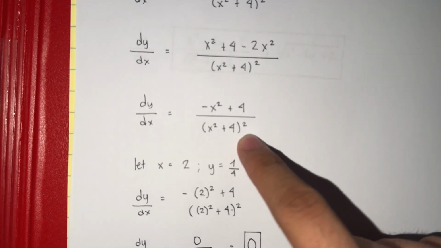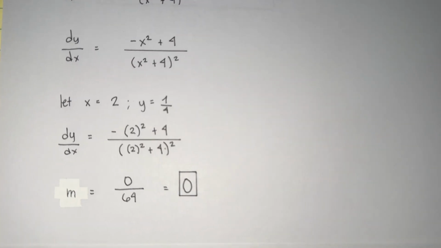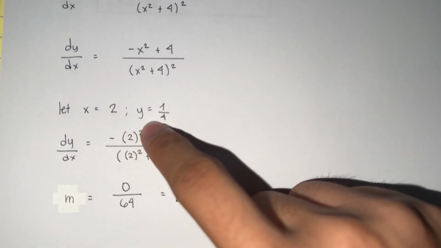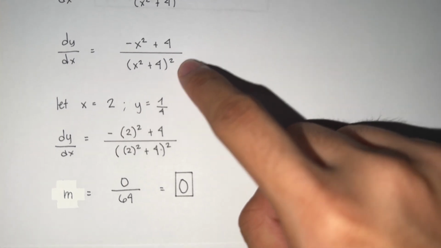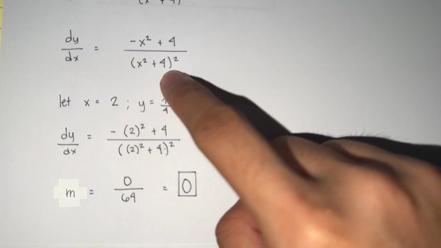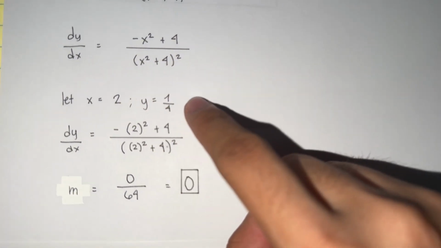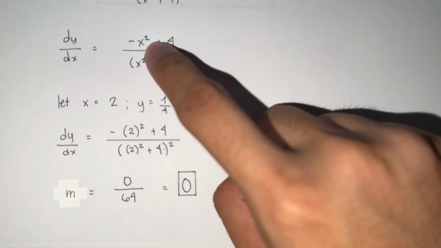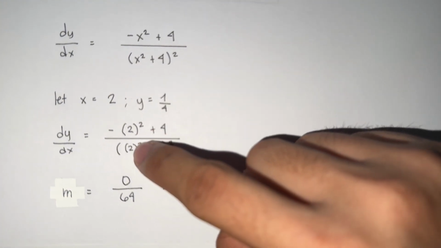We can now plug in our x and y values. Now only x is relevant here, since in our equation only x is present, while y is not. So we'll substitute x to 2. So x becomes 2 and x becomes 2.